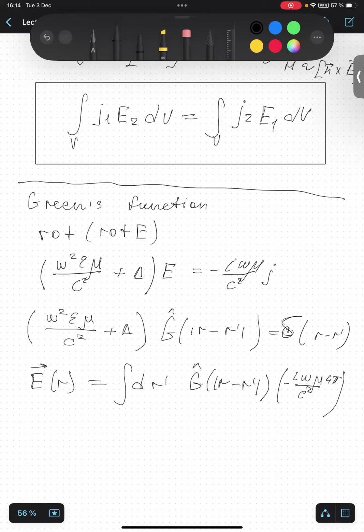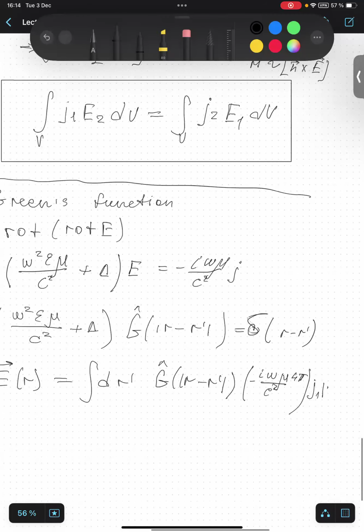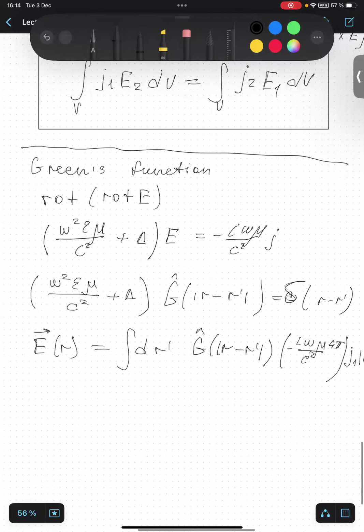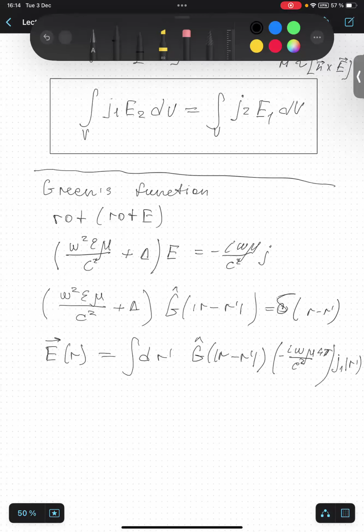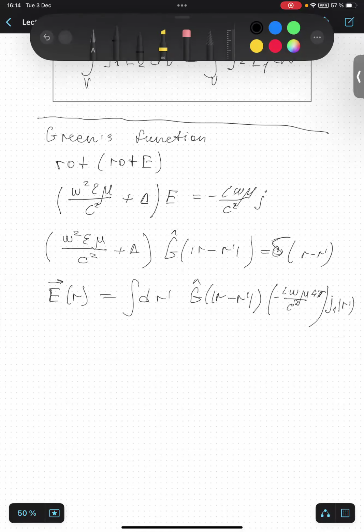This is our source, J1 of r prime, the position of the source. So we can substitute this into the reciprocity theorem.